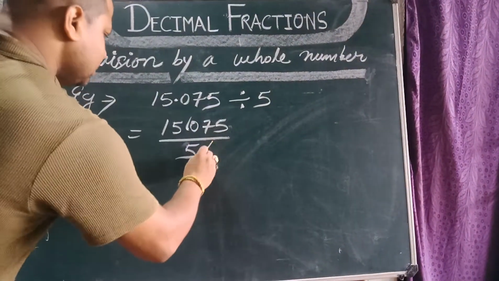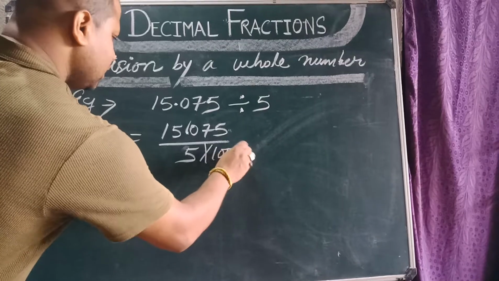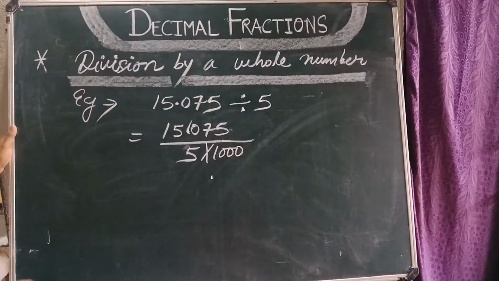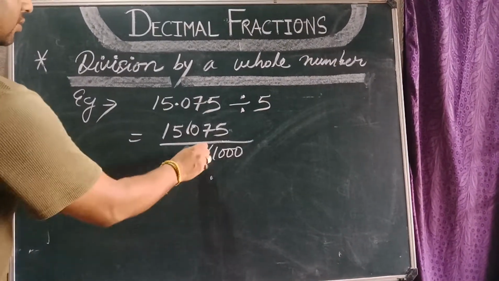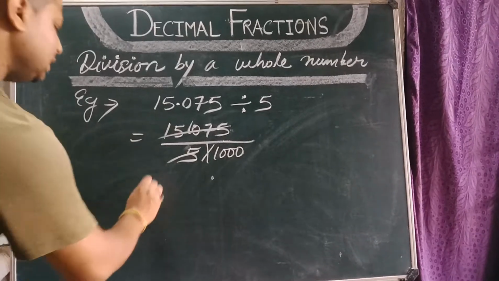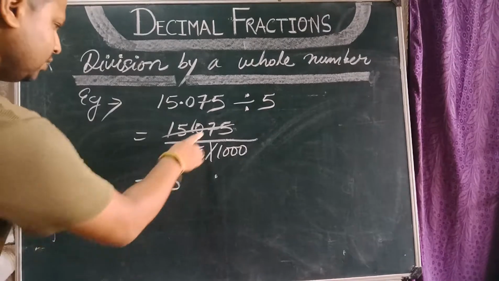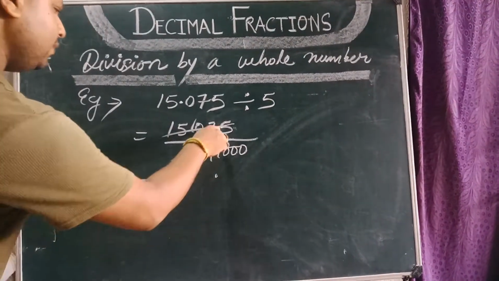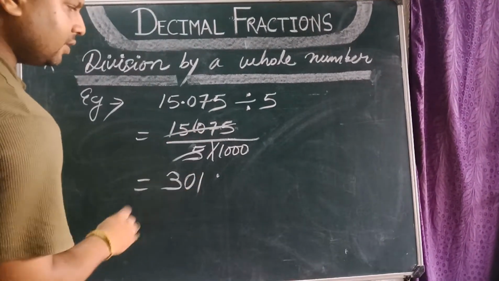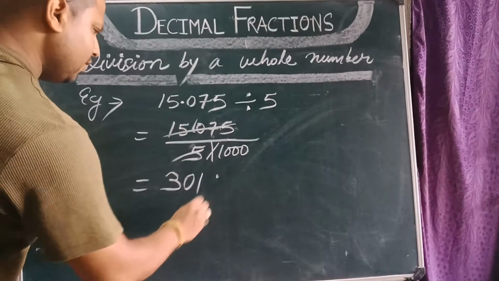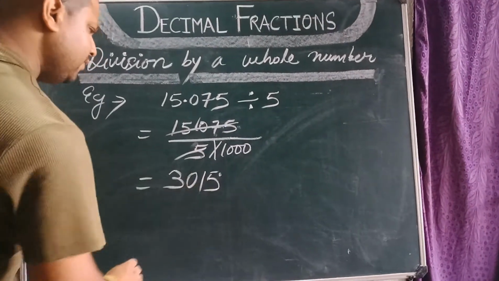If I remove this point, how many zeros came? Three zeros came. And you can cancel this out. 5, you can cancel. How much will it give you? 5 3s are 15. 0 is there, place it. 5 1s are 5. How much is left? 2 left. 25, 5 5s are 25.